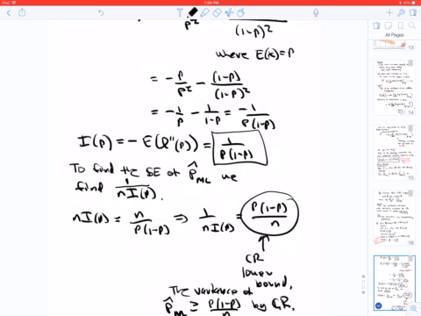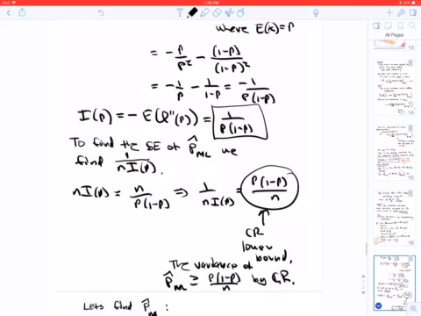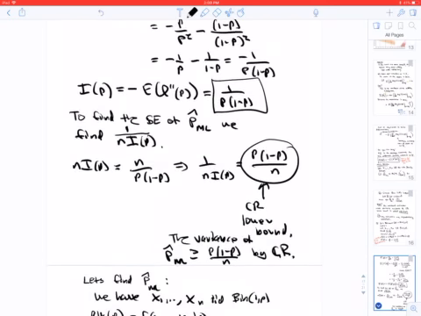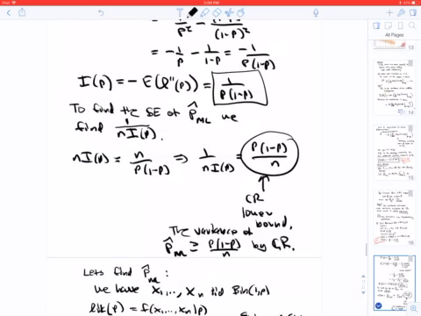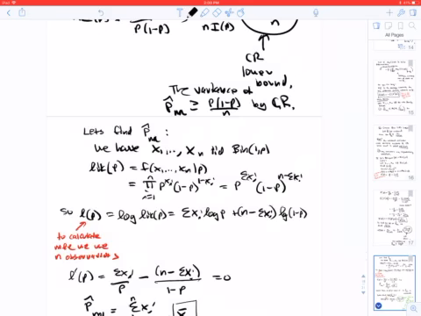So in other words, we need to find 1 over n Fisher information, and so that's just a calculation. So it's p(1 minus p) over n, and so we know that the variance is going to be larger than this lower bound.